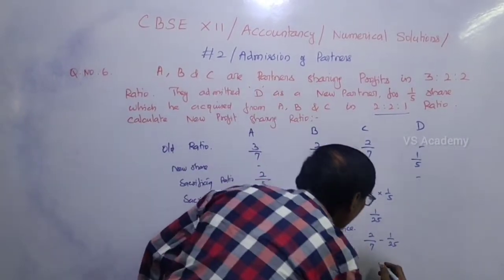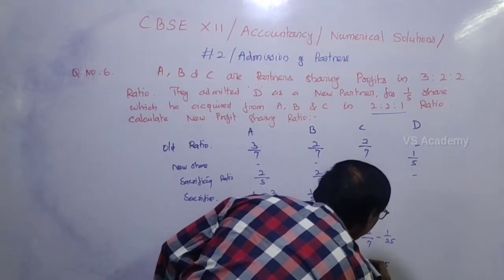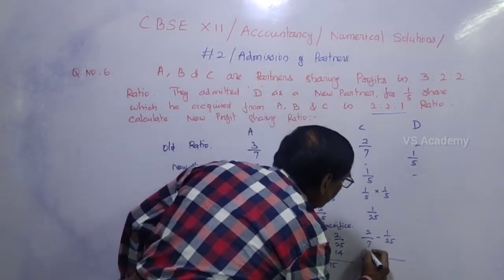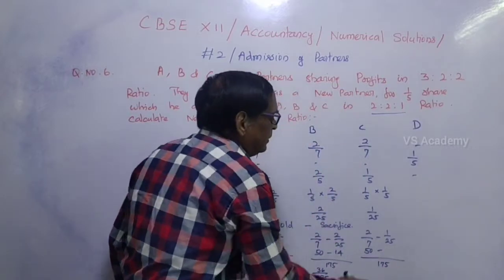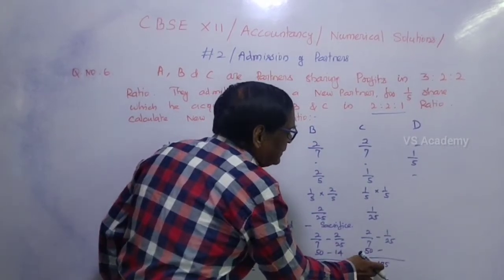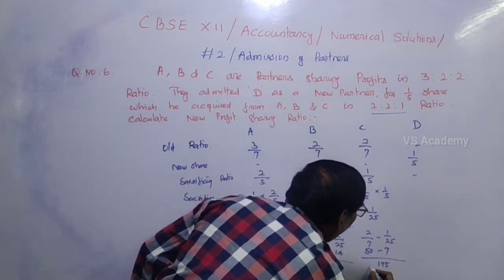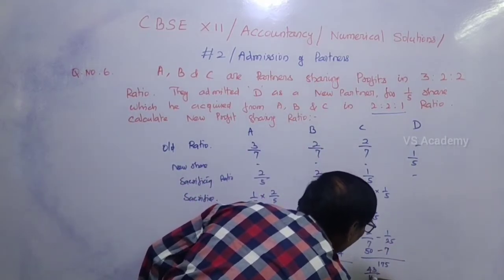Likewise here also the LCM 175. 7 out of 175, 25 times. So 25 into 2, 50, minus 25 out of 175 is 7 times. So 7 into 1, 7. So 43 divided by 175.